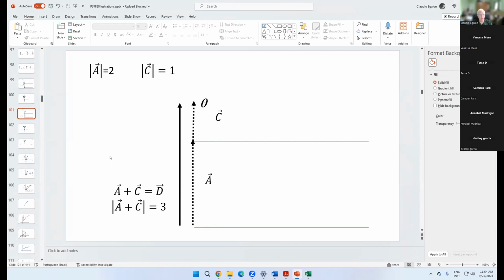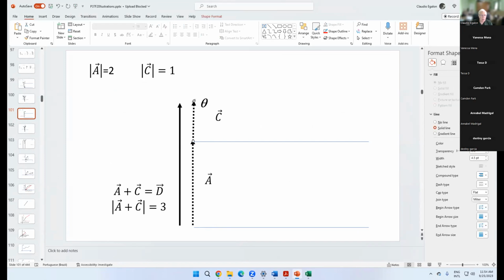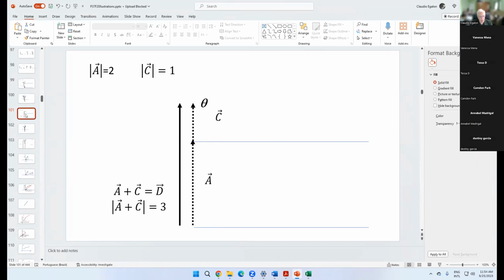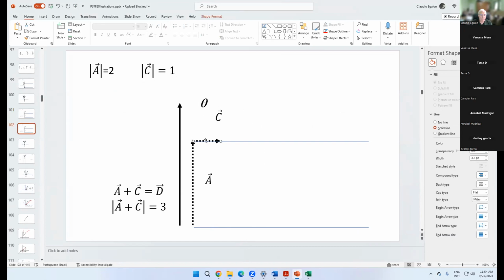Now we can do the other way as well. What if we have the vector C along the other direction, along this direction here?